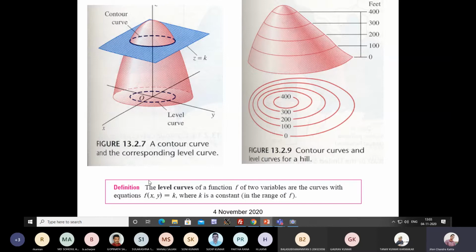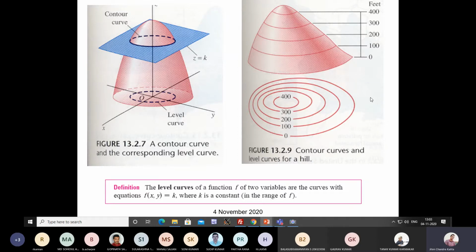So it is going to lead you to something like f of x, y, z equal to what? Sorry, f of x, y equal to k. So it is going to give you a curve. So these are nothing but level curves. Okay. So this is about level curves.